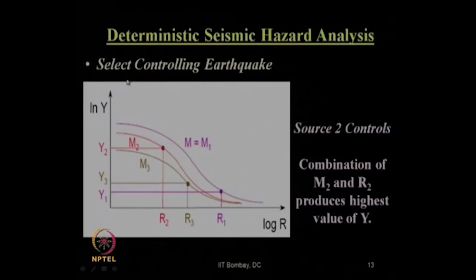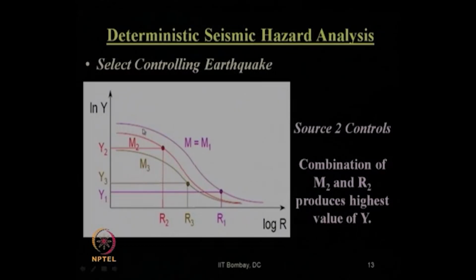Now, once we find out those distances, what we need to do? We need to plot our chosen parameter of our hazard analysis, which is of our interest. It can be PGA, it can be spectral acceleration, it can be PHV, anything.